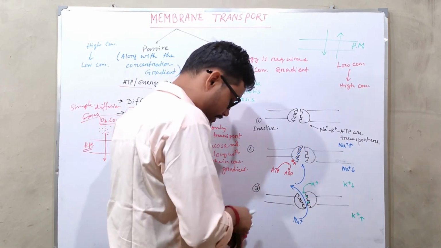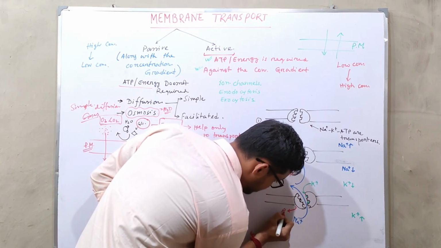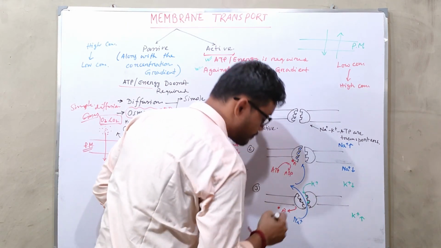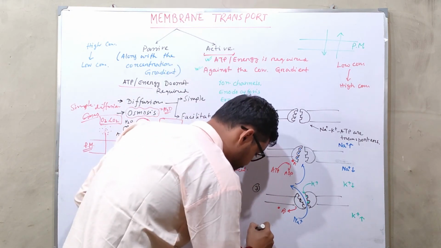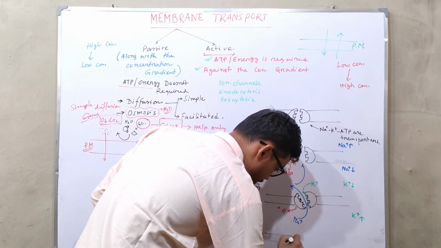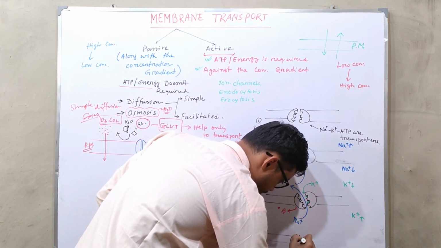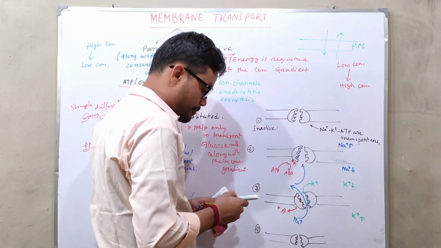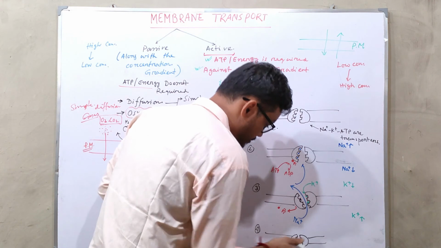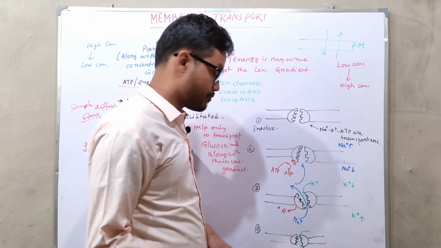After that, the inorganic phosphate dissociates from the transporter, and in the last step it goes back to the normal position, and the potassiums are inside in the cytoplasm.